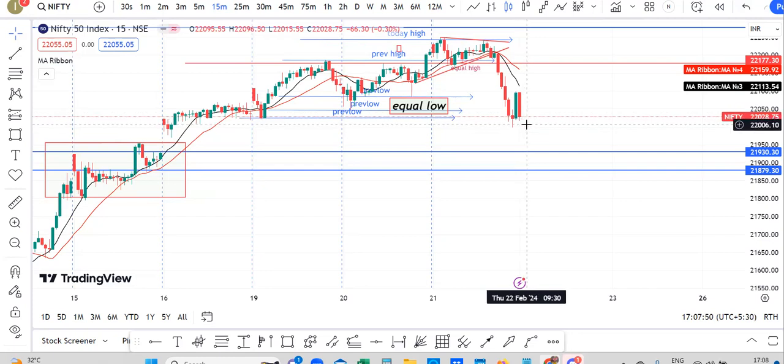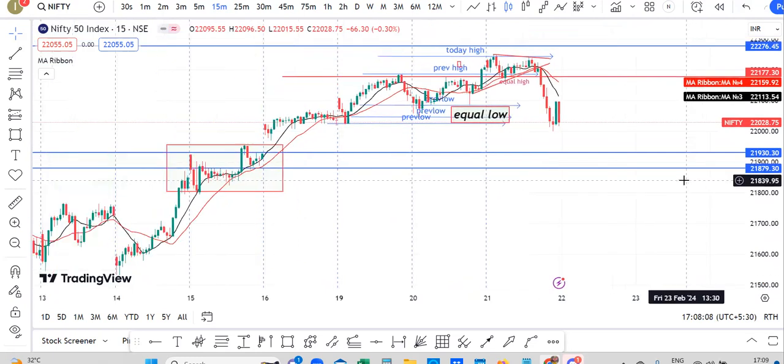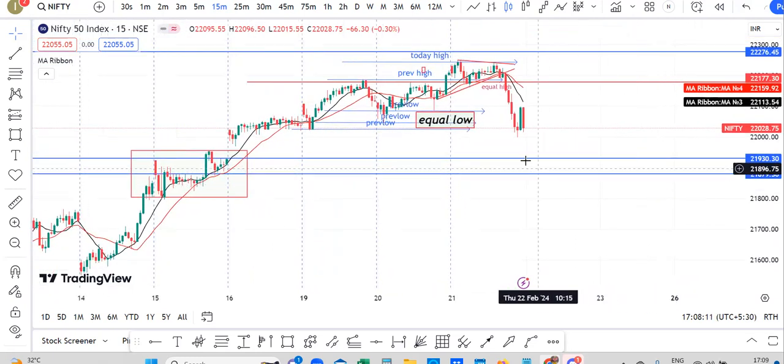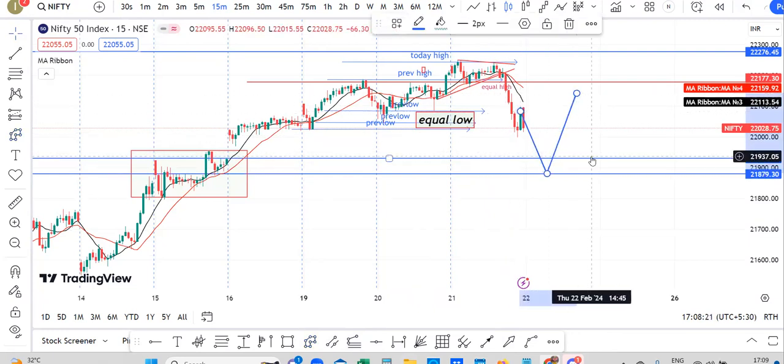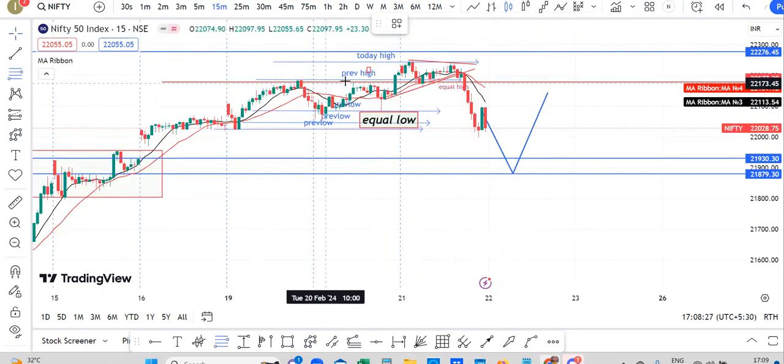So tomorrow, if there is any gap down immediately to the level of 21,930, look for the zone of support over here, 21,880 to 21,090. Then you can get a reversal from this area, a strong reversal you can anticipate in the market. How much can you anticipate?